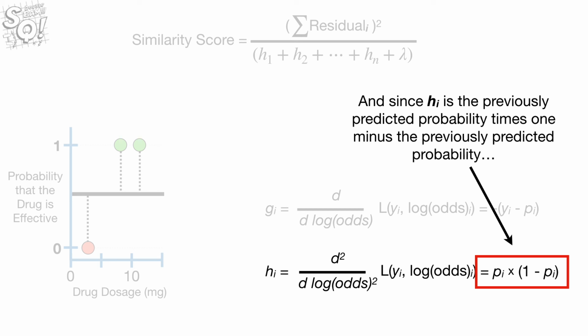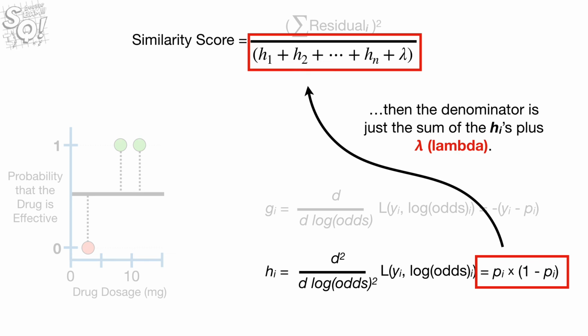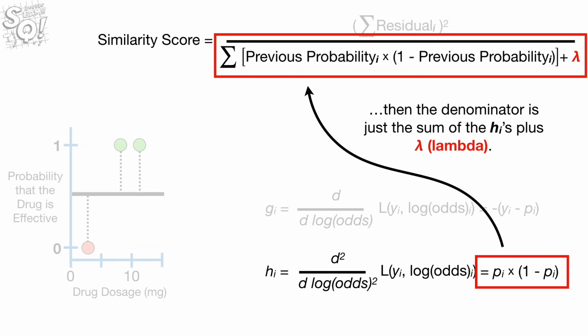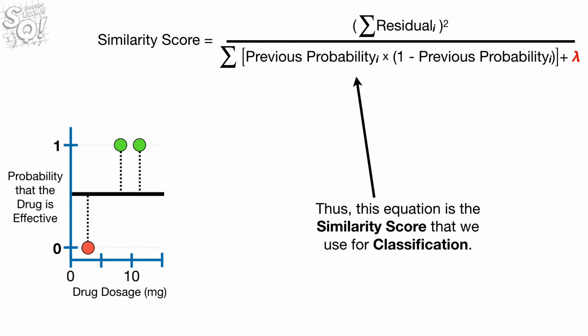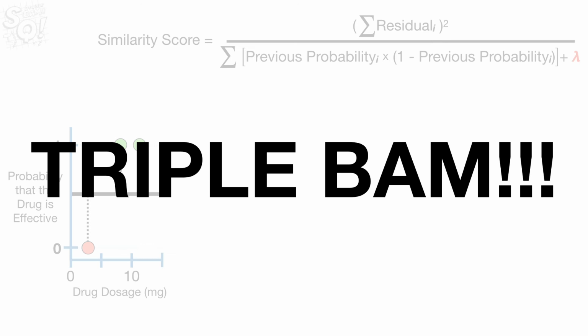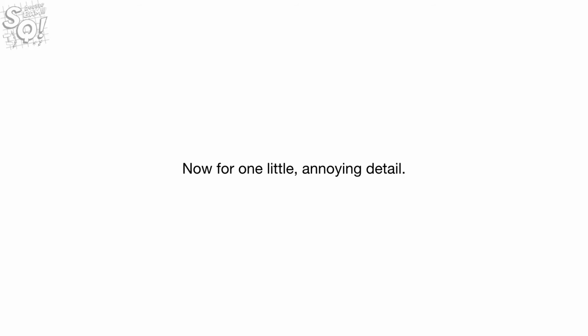And since h sub i is the previously predicted probability times 1 minus the previously predicted probability, then the denominator is just the sum of the h sub i's plus lambda. Thus, this equation is the similarity score that we use for classification. Triple bam!